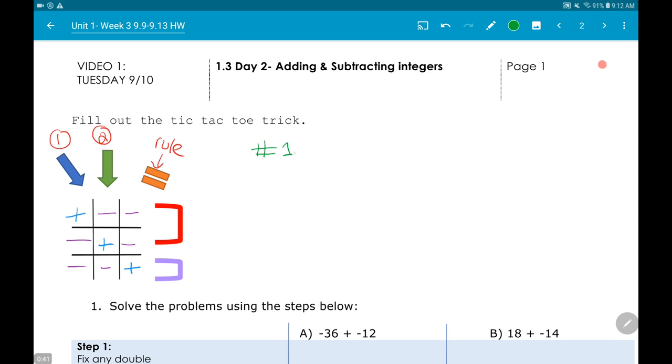Our first step is to fix double signs. Our second is going to tell us the operation.